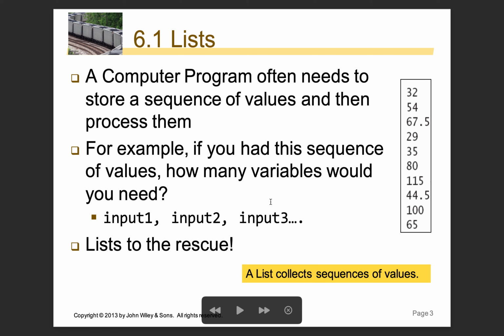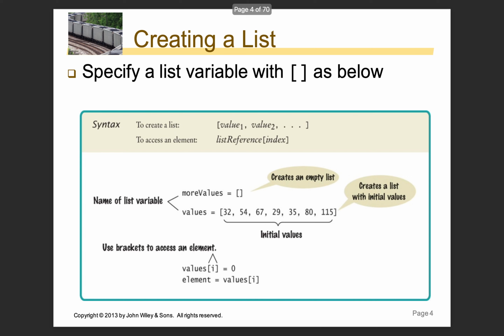So instead of using huge numbers of different variables, we use something called a list. A list just collects sequences of values. To create a list, we use the square bracket notation. We give the list a variable name, for example more values, and square brackets will create the list.